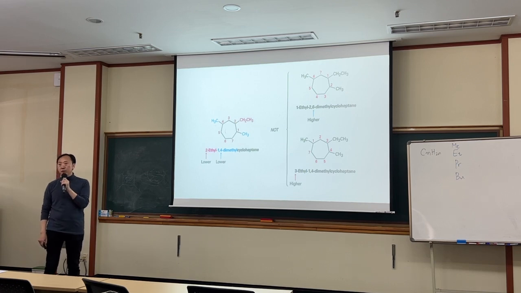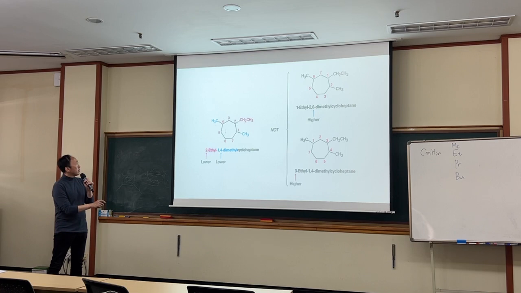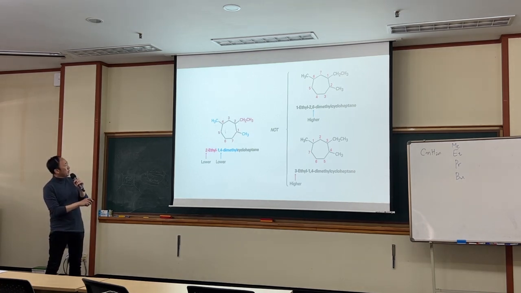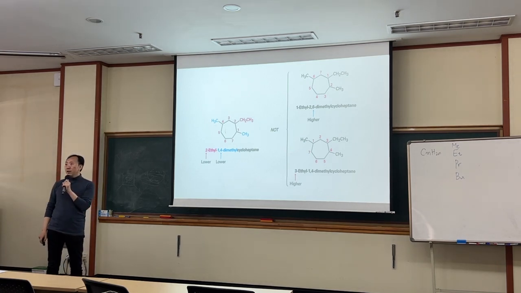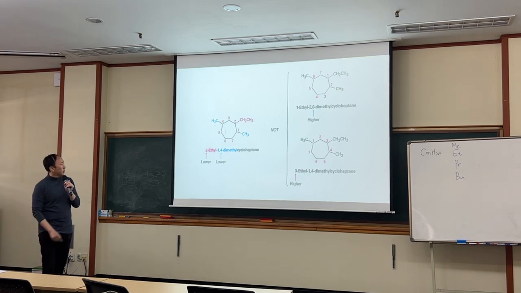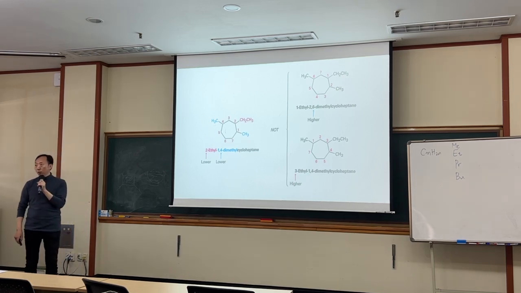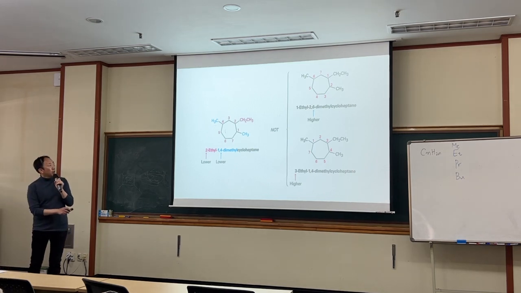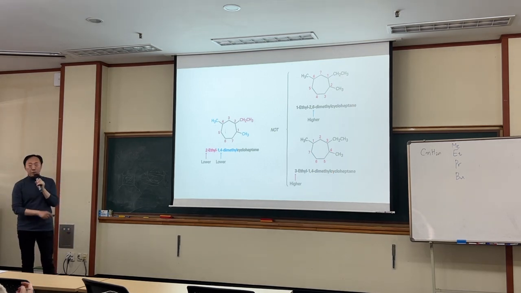Now we have several options. 1, 2, 4, or 1, 3, 4, or if you go the other way, 1, 2, 3, 4, 5, 6, 7, 1, 5, 7, you have a different system there, right? In that case, what should you choose? You choose the lowest number. 1, 2, 4 is the lowest number. Here 1, 2, 6 and 1, 3, 4 all have a higher number than this.